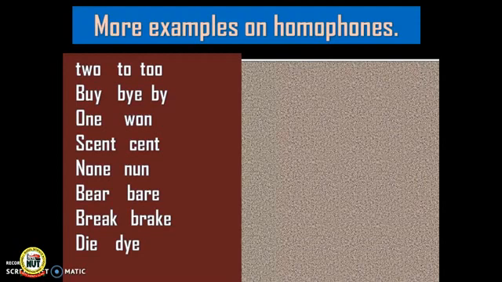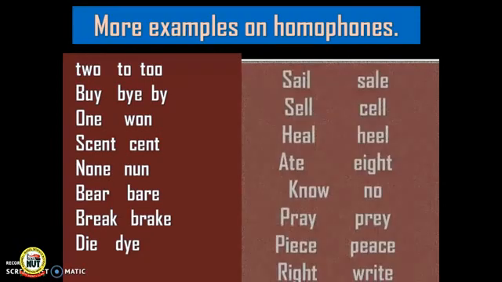Then this dye, D-Y-E, is like a coloring agent, a chemical substance you use for adding different colors to your attire, your fabrics. And you have dye for hair. You have some people with red hair, gray hair, they added some dye to the hair so it could change from black to any other color, green and all of that. So that is that.